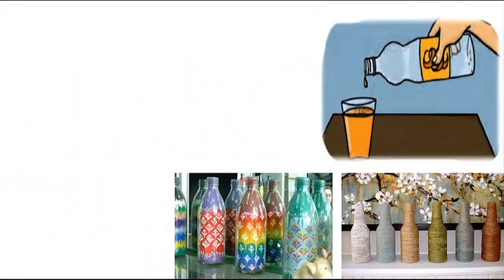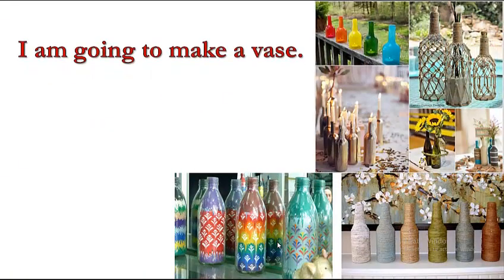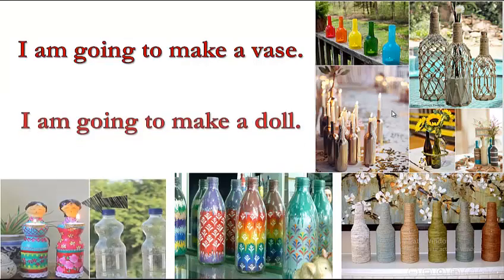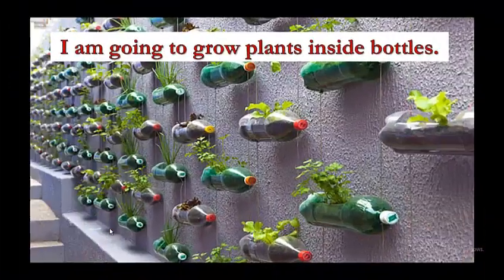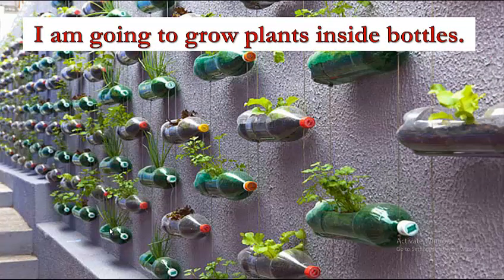Let's see here, my dear students. Other ideas. I am going to make a vase with the bottle. I am going to make a doll. Bravo, excellent. These are brilliant ideas. I am going to grow plants inside bottles. Wonderful.